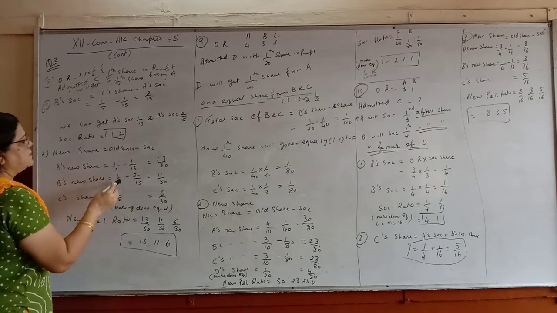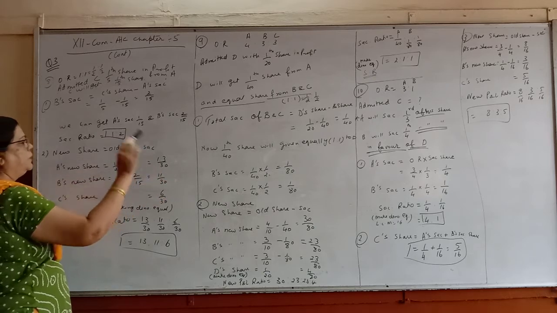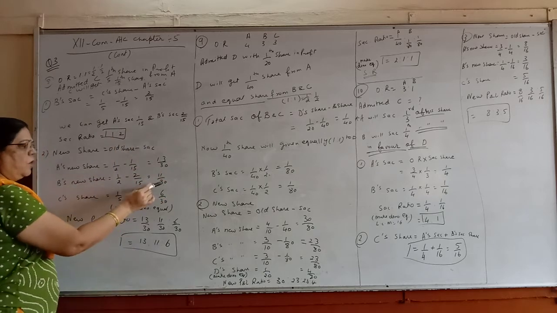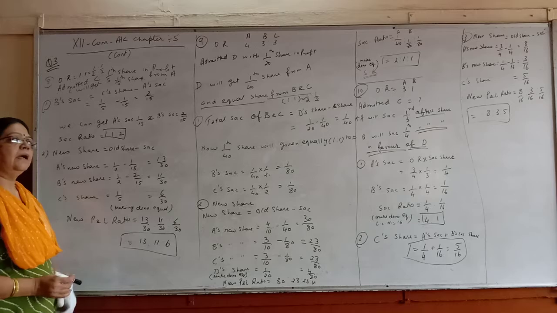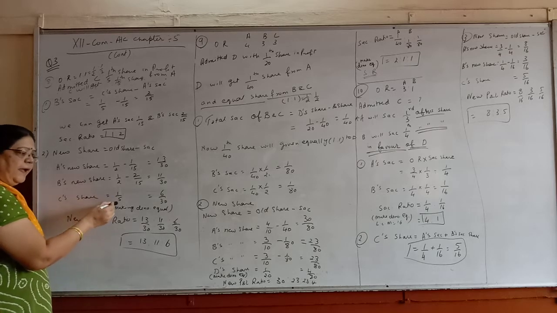B's share is 1/2 minus 2/15, so 11/30. 30 is the LCM. C's share is given as 1/5.